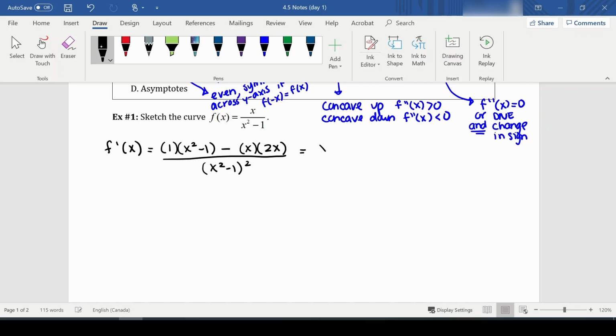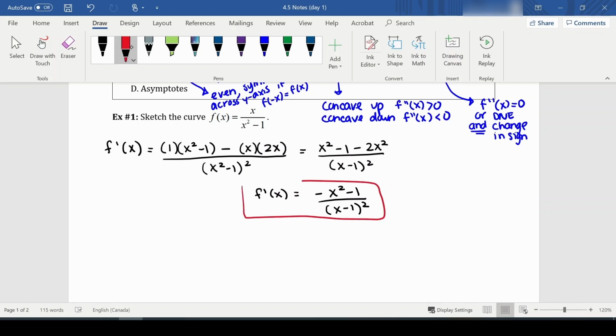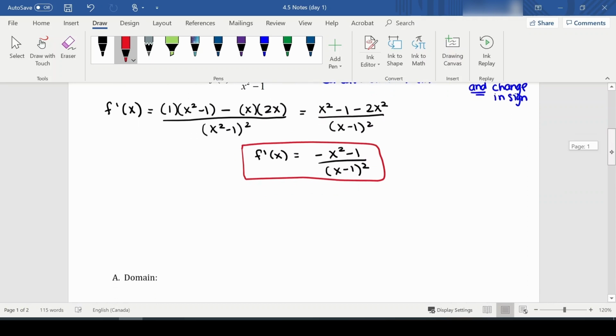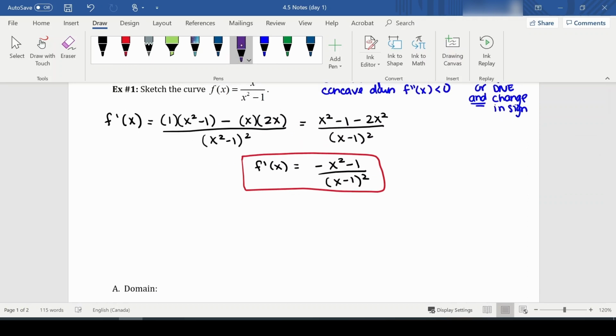So if we simplify this, we get x squared minus 1 minus 2x squared, all over x squared minus 1 all squared. And this means that f prime is equal to negative x squared minus 1 over x squared minus 1 squared. You could factor a negative out on the top, but it's not necessary because nothing will cancel on the bottom anyways. Okay. Now we need f double prime.